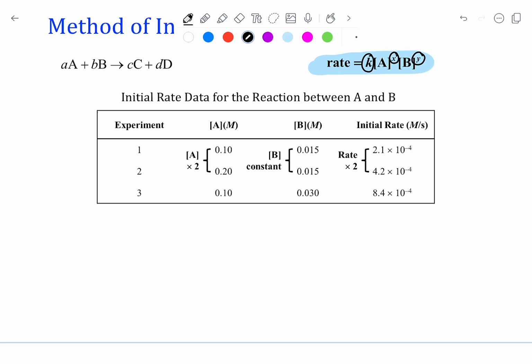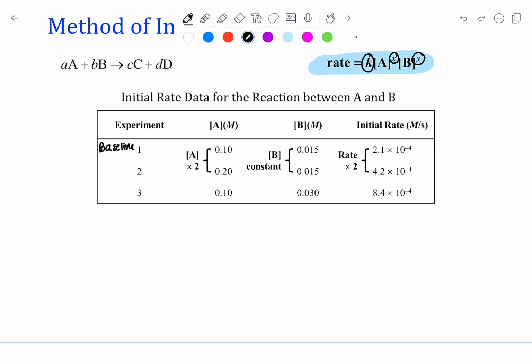So we're given experimental data here in our chart where we ran 3 experiments. The first one counts as our baseline, like our control group. Then we ran 2 subsequent experiments. In experiment 2, the concentration of A doubled, while the concentration of B remained the same.